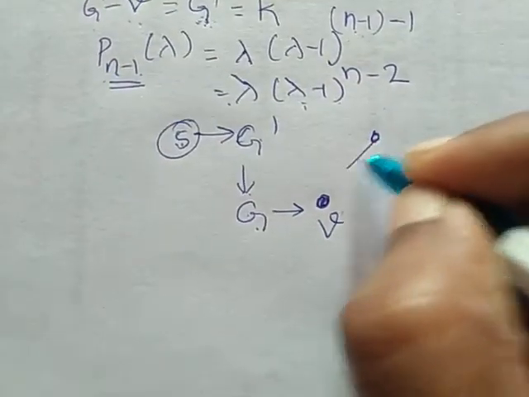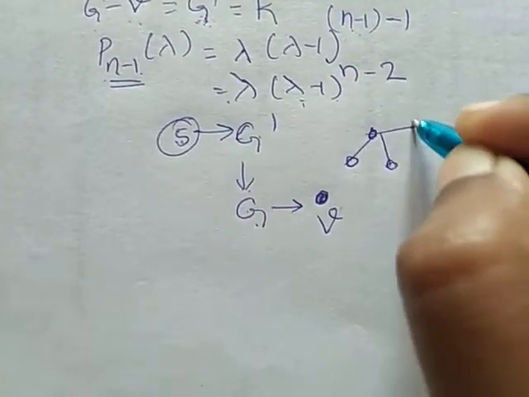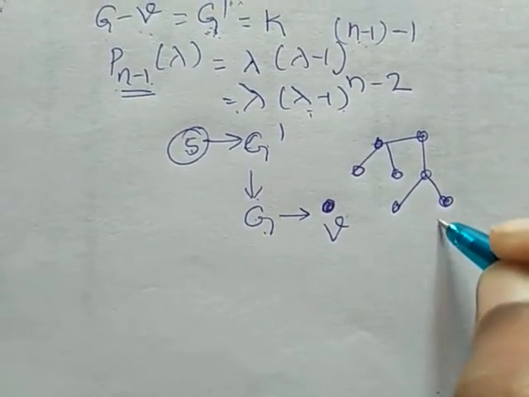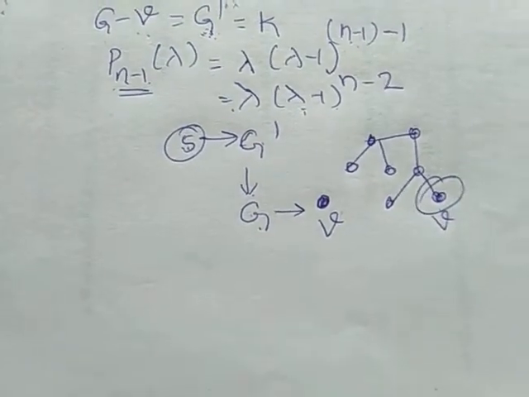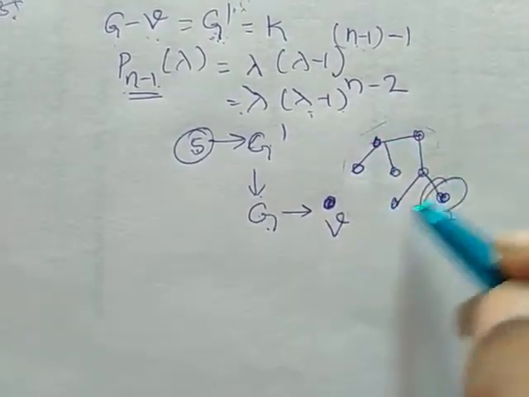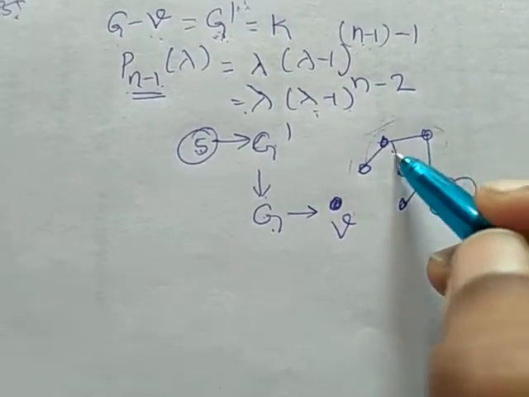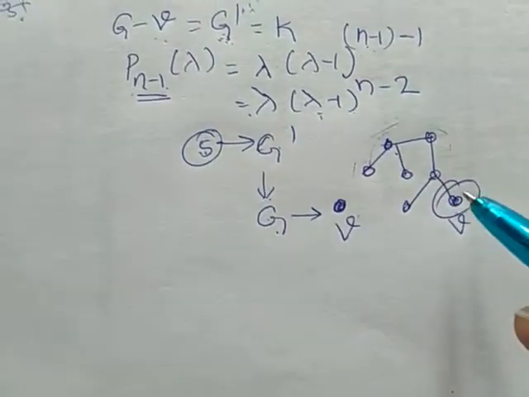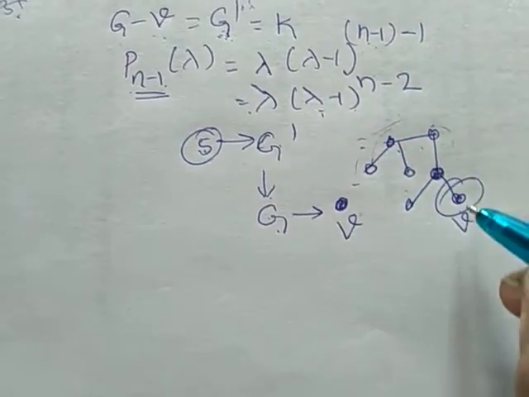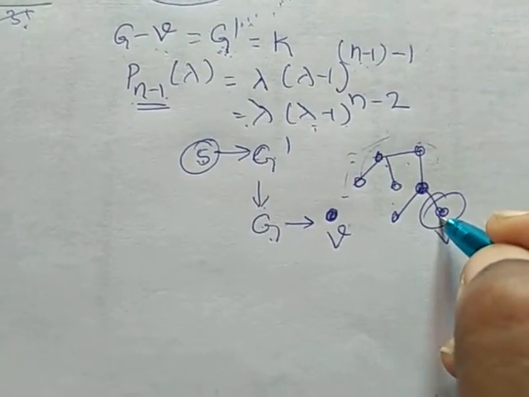See, if this is our tree, I am going to remove this pendant vertex. Using the different ways, I am going to color this. So when I add a vertex to this, except this color, I can add any other color to this pendant vertex V. Correct?